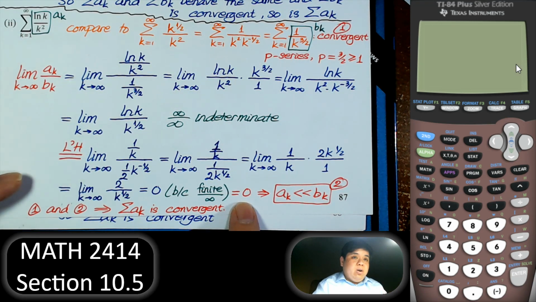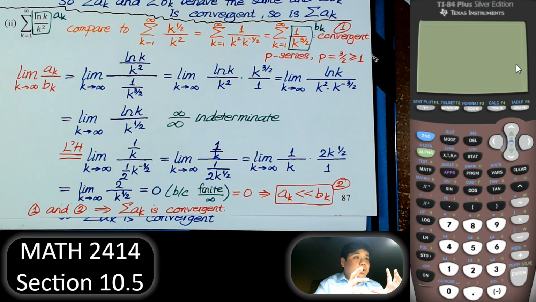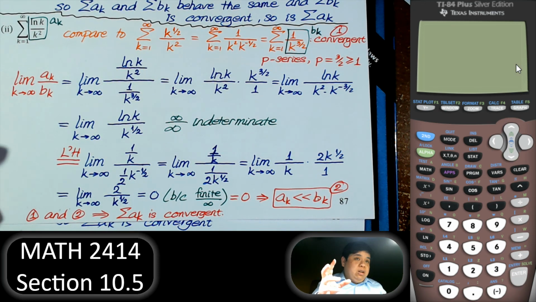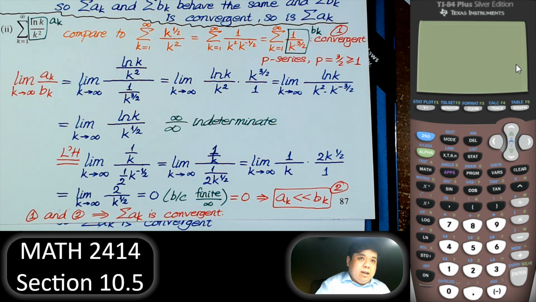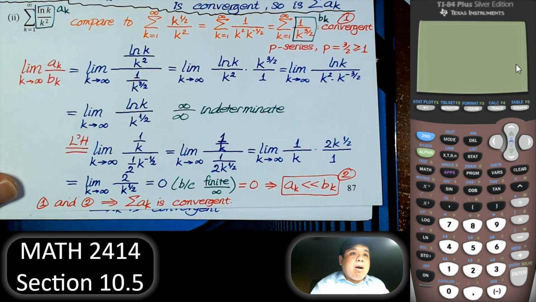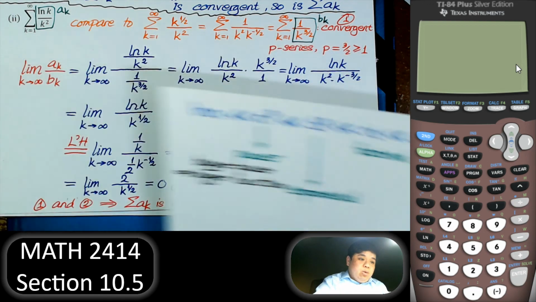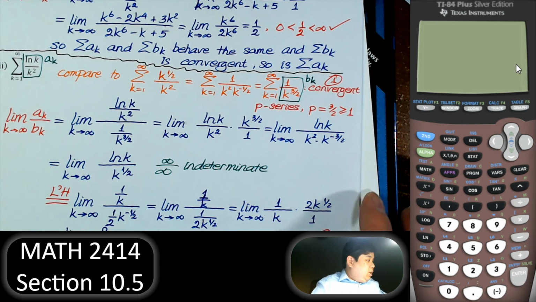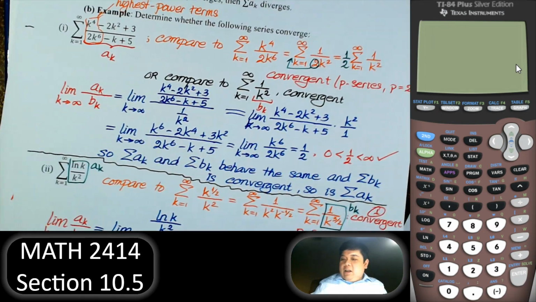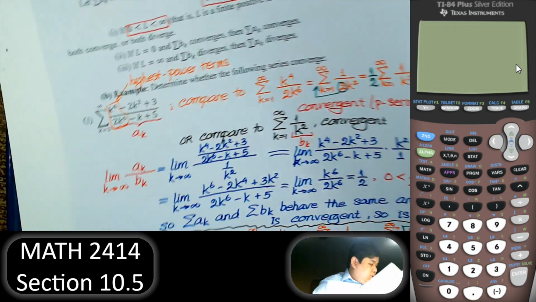If it is equal to 0, the bottom could go faster to infinity. If it is equal to infinity, the top goes faster to infinity. So think about this in terms of growth rate. That is the comparison test.